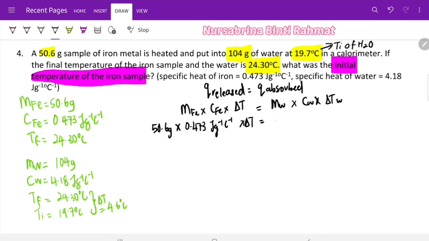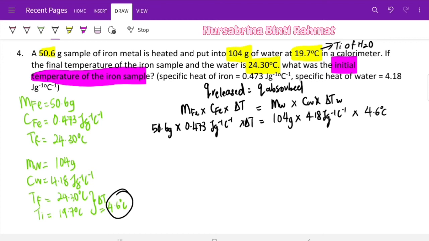So the mass of water is 104 gram times 4.18 joule per gram per Celsius times delta T. We already calculated before that the temperature change of my water is 4.6 degrees Celsius. Okay, so let's solve on both sides.